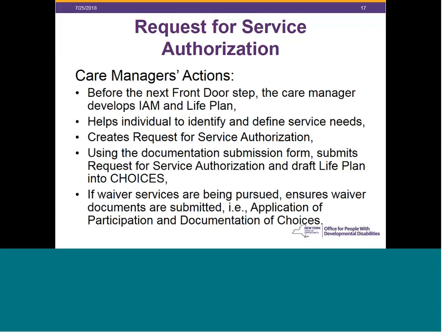And the request for service authorization also has a new piece to it that, if you're familiar with that form, we've added a section that allows for a 1 or 2 sentence at most description and justification for the services that are being requested. People can also attach information to that form, and of course we are looking for what at this point would be a draft life plan to be submitted with the request for service authorization.